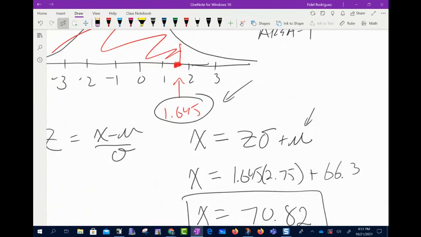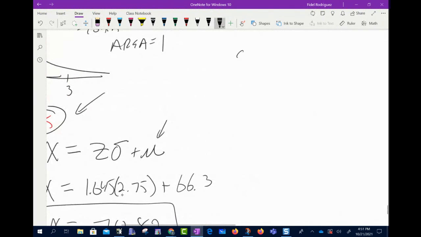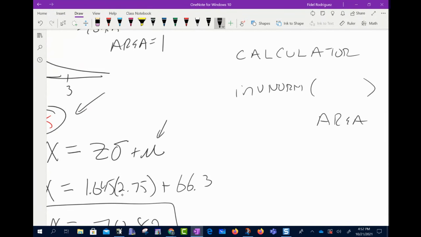And that's how I would come up with that same number right there. And then the rest of it would still be the same. So if you wanted to use the calculator, let me write this down here so you can see it. Move it over here just so we have some extra room. If you want to do this using your calculator, we're going to go inverse norm, and the number that we put in here is the area under the curve.